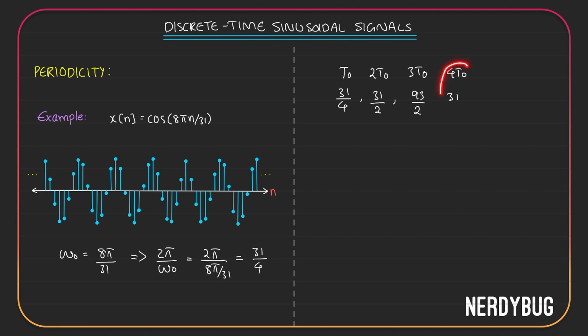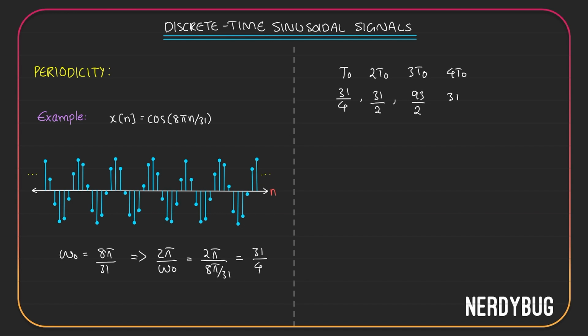You can see the fourth one is actually an integer. After this one, the discrete time signal can also repeat. So over here, the first point where x of n, which is cos of 8 pi n by 31, starts repeating will be the 31st.